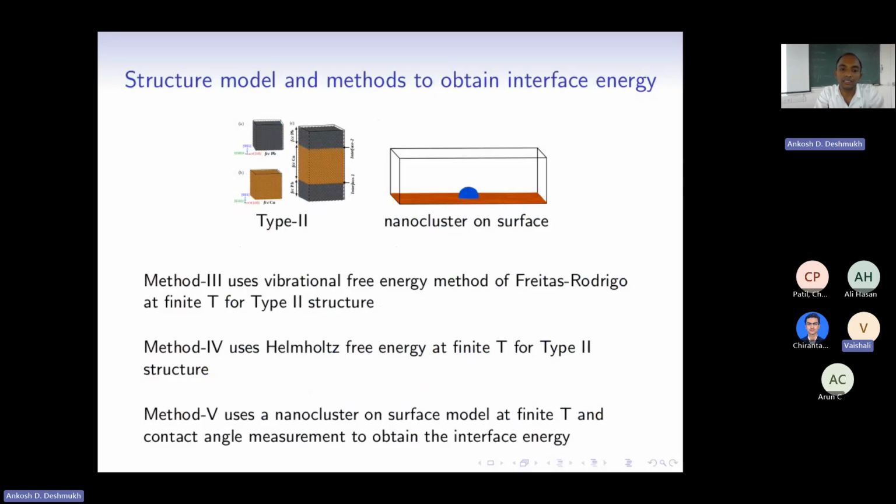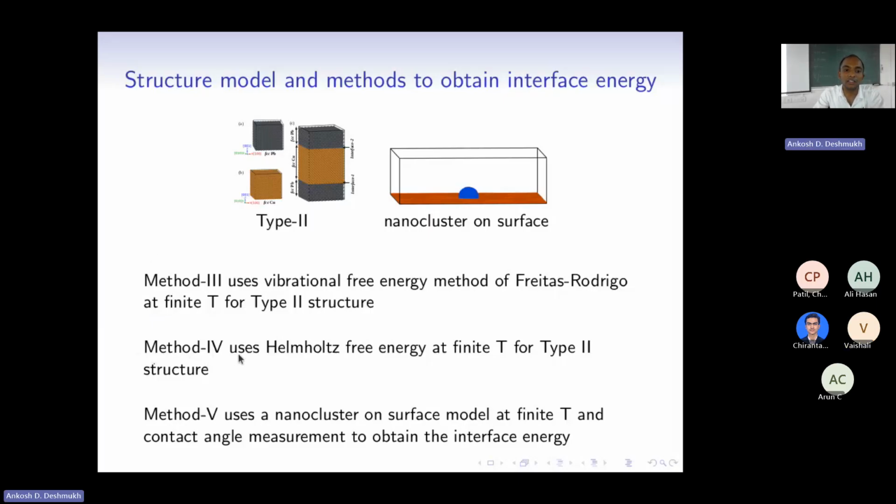So in method 3, we use the vibrational free energy method, which is based on some methodology they developed to calculate the free energy at finite temperature T, using the type 2 structures.